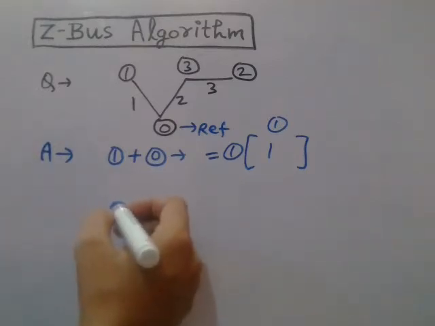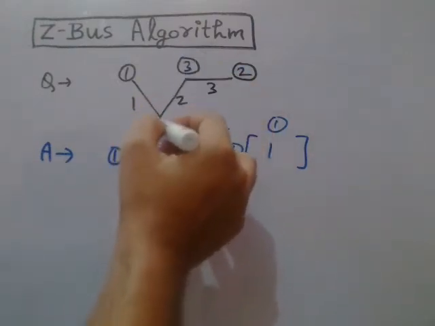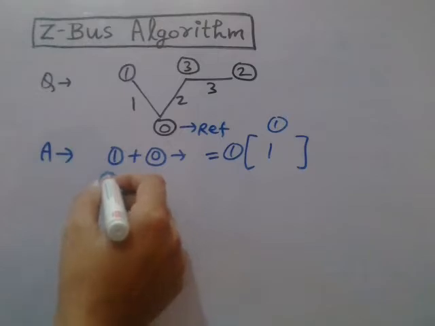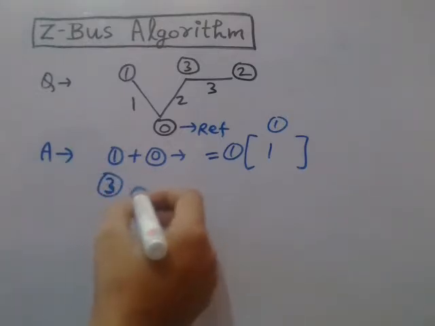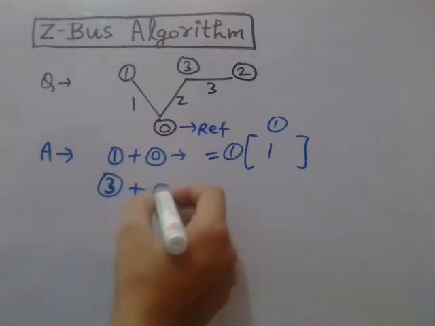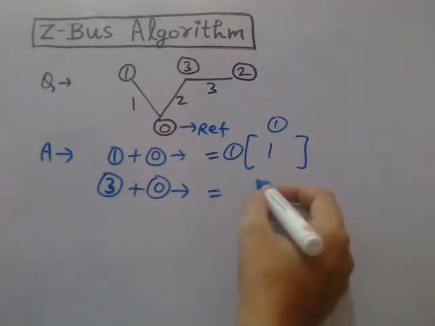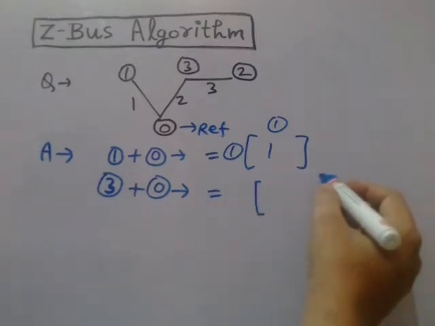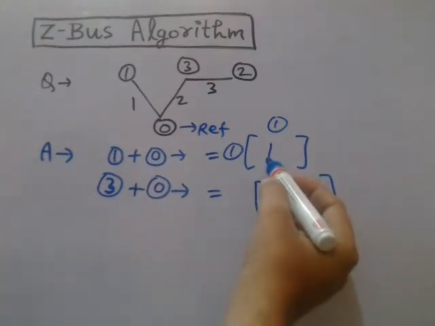Now in the second step I'm going to add bus number 3 with the reference node 0. So when you add this, the new bus impedance matrix will be this one.